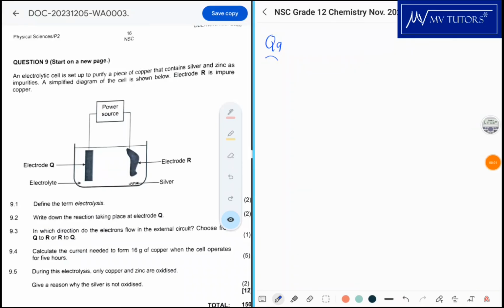We've come to the end of the paper. Question 9. You must be relieved. I must say, chemistry was a bit more challenging than physics. I have to think quite a lot. A lot of mistakes could have easily been made in this paper. So I now understand my students when they said, yeah, I thought I was going to get a distinction for physical sciences until chemistry happened.